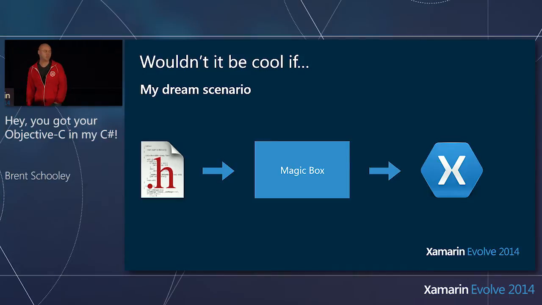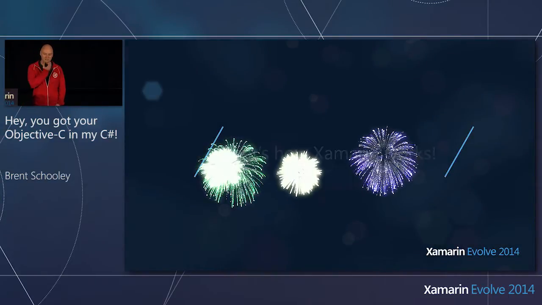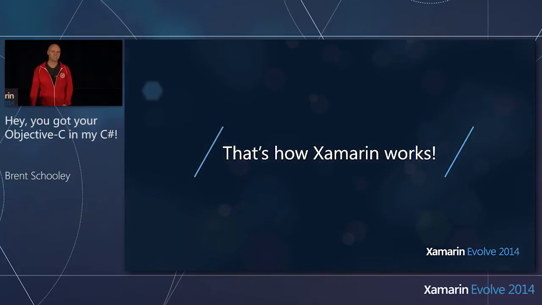That seems really cool to me. And it dawned on me one day that that's how Xamarin works. That's exactly how Xamarin works. Yeah, cue the fireworks, right? But that's exactly how Xamarin works. For all of the APIs that they bind in iOS, it's the same exact deal.